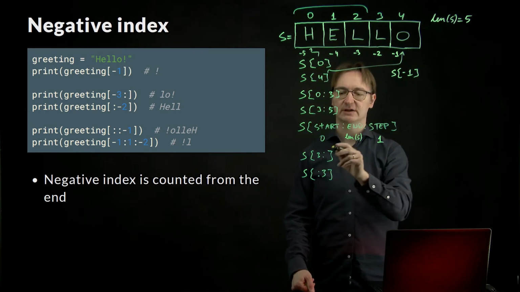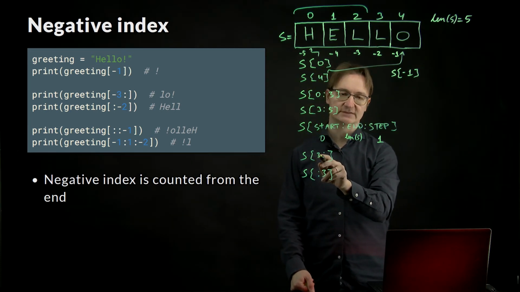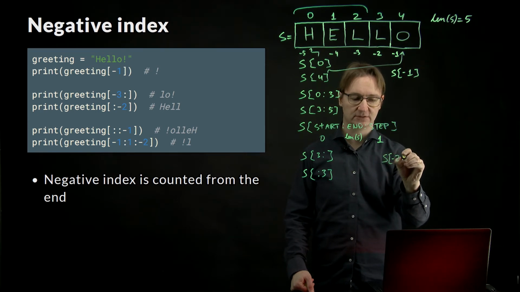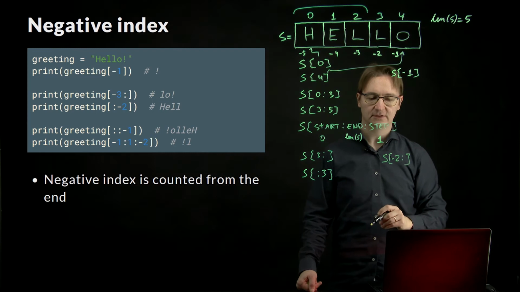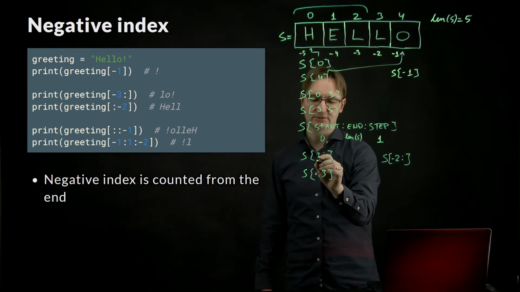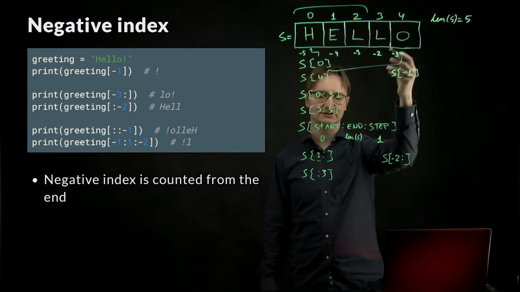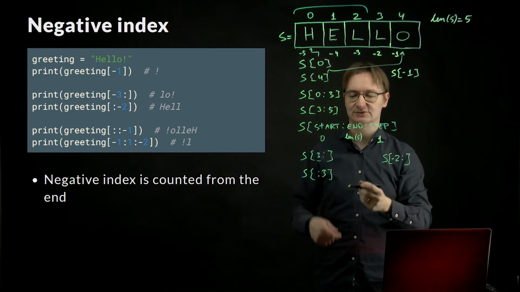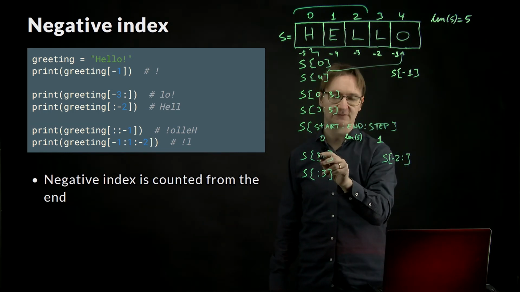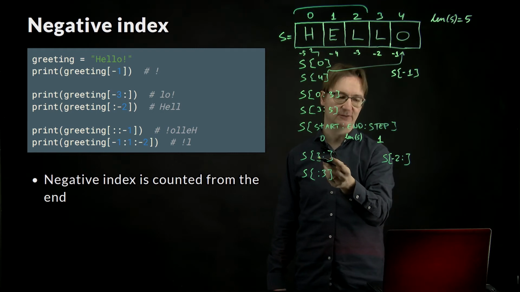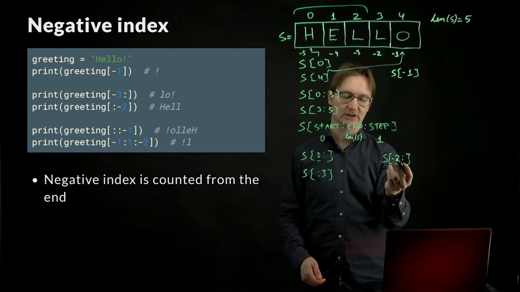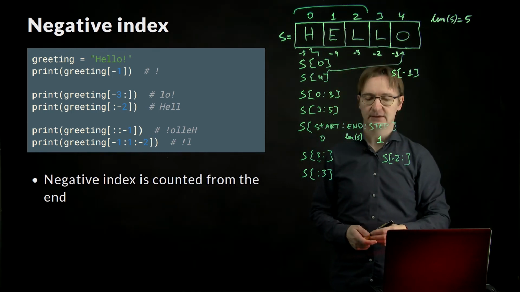For example, to get the 2 last elements, I could write here -2 and colon. Here the 3 works for this given string, but if the string would be longer or shorter, then I should calculate the actual value. But with this formula, I can always take the 2 last elements of the string.